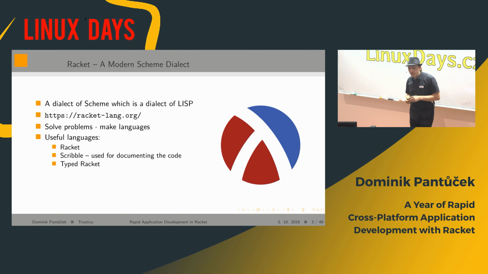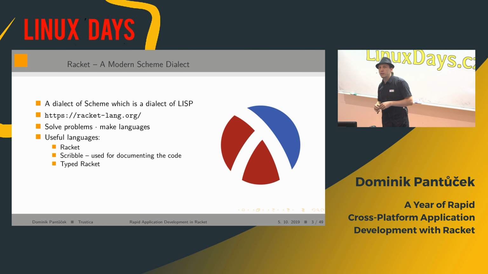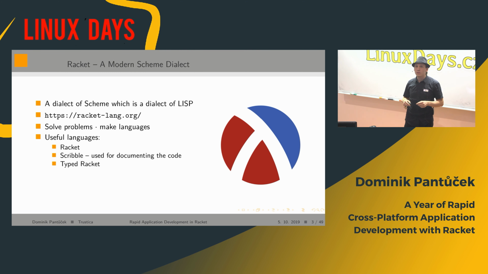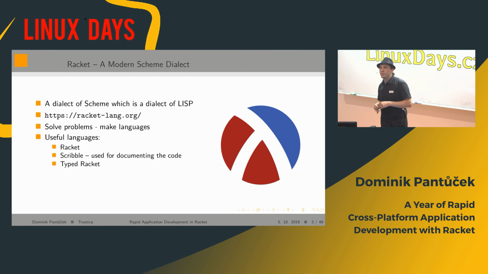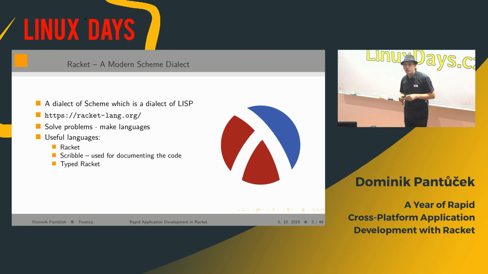There are pretty useful languages included if you download it, like Racket itself. That's the modern scheme implementation. There's a Scribble language, which you can use for writing documentation, or even for annotating the code with documentation, or Typed Racket. You might not know the distinction between dynamically typed and statically typed languages. Truth is, in most modern languages we see students using, like Python, JavaScript, and such, there is no static type system.